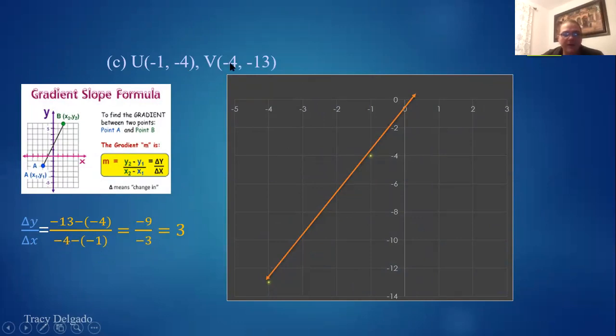And then our x2 is negative 4 minus negative 1. That gives us negative 3. So when you divide two negative numbers, negative 9 divided by negative 3 will give you a positive number. So we have 3. So our slope is 3. And it's going downward and to the left.